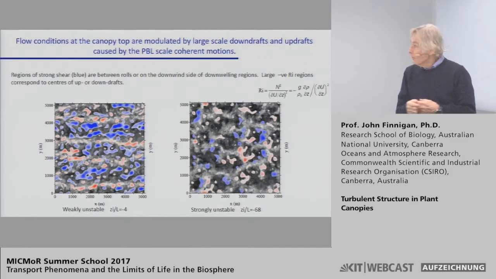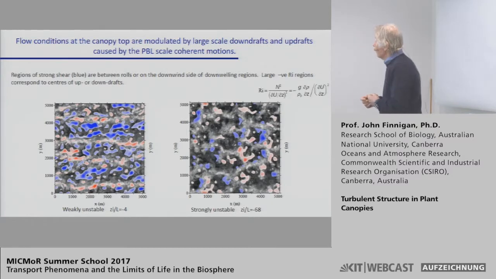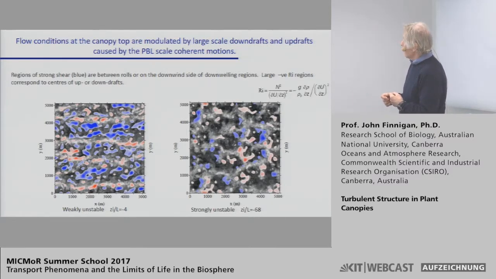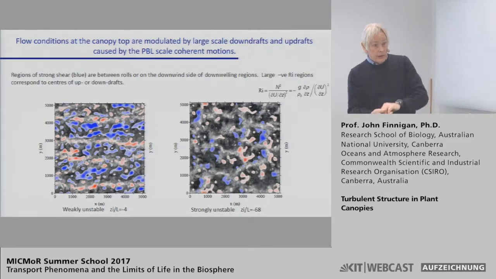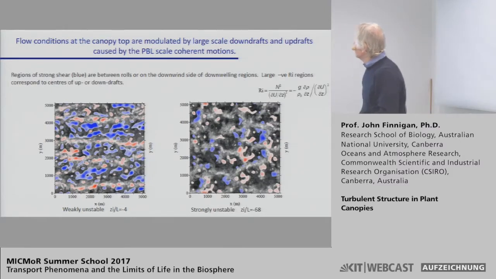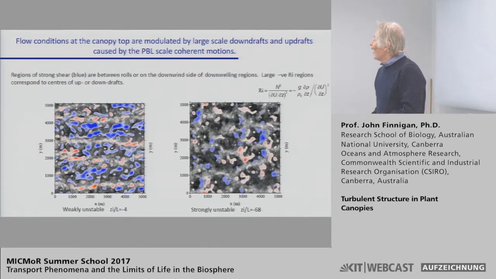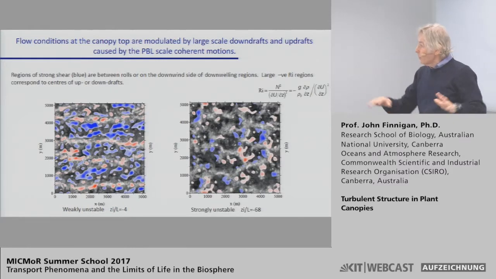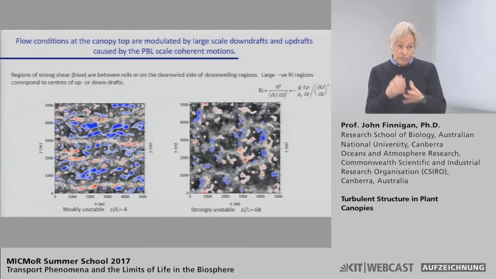So the Richardson number, to remind you, the gradient Richardson number is the ratio of the characteristic timescale of buoyant motions divided by the characteristic timescale of shear eddy growth. These regions of strong shear are aligned with the downdraft regions, and the regions of high unstable Richardson number are aligned with the up regions.